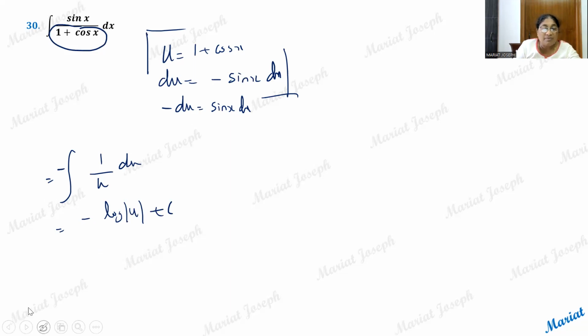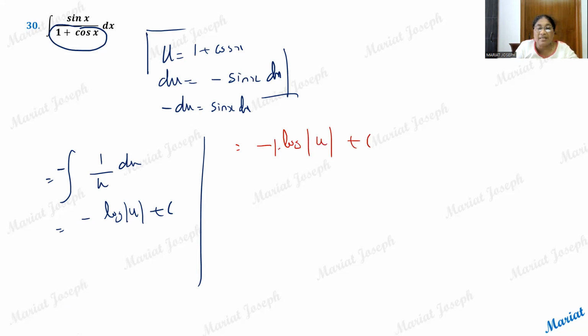And there is some simplification further, which is minus log modulus u plus c. Minus means minus 1 into. And there is a property n log a equal to log of a raised to the power n. So this minus 1 will go as power minus 1.